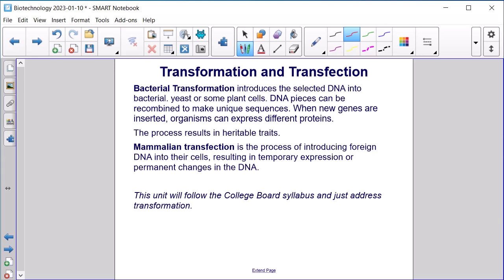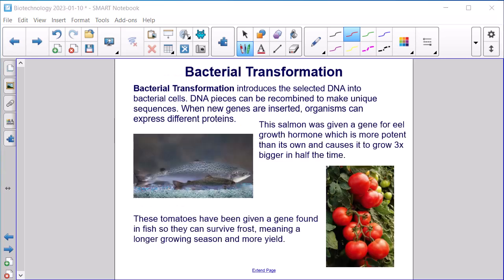The process results in heritable traits. Mammalian transfection is the process of introducing foreign DNA into their cells, resulting in temporary expression or permanent changes in the DNA. This unit will follow the College Board syllabus and just address transformation.